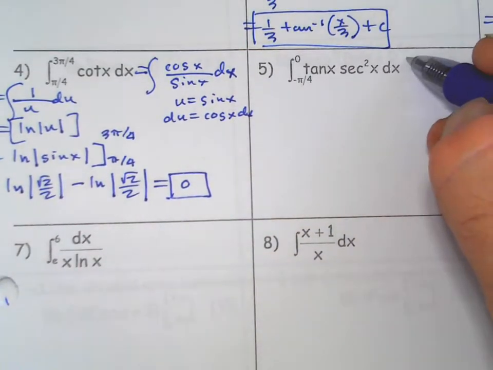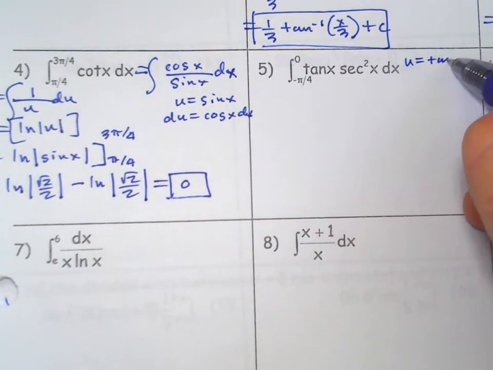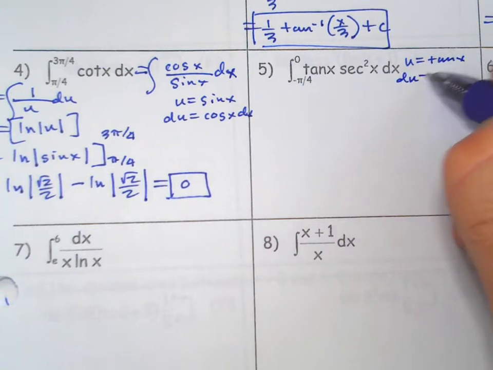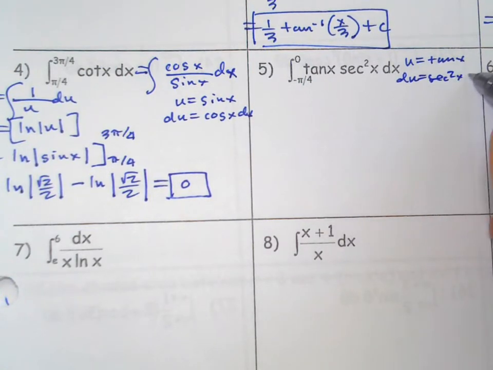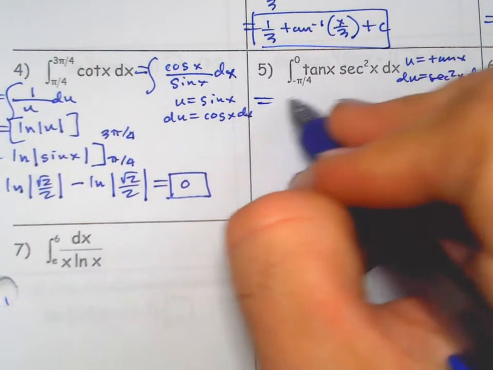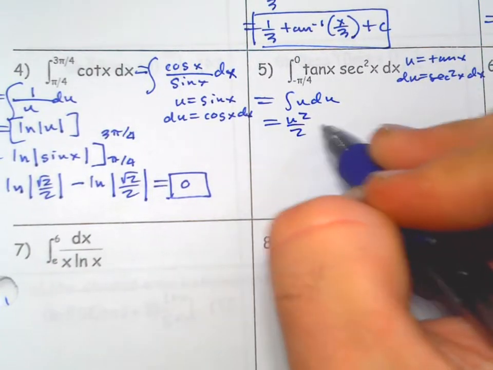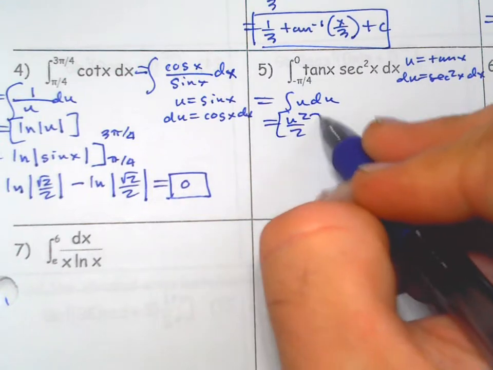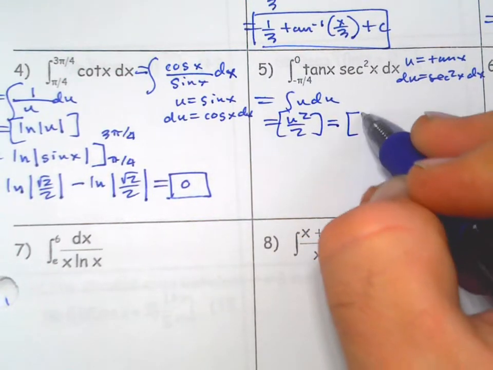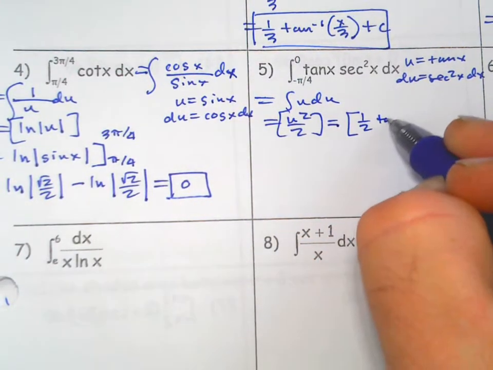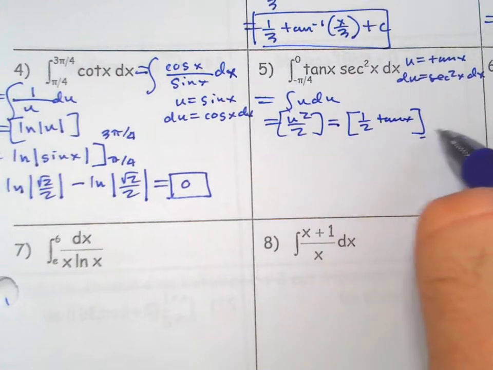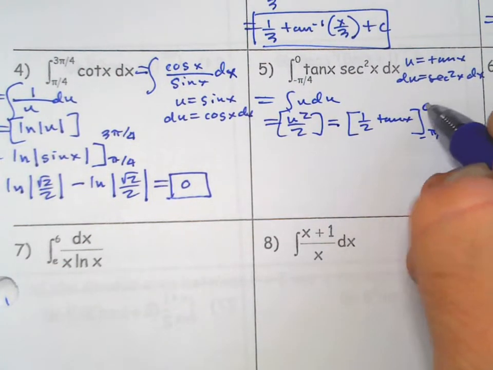Next one, I think we go with u equals tangent, du equals secant squared. Perfect. So this is going to be u du. It's going to be u squared over 2. It's going to be 1/2 tangent from negative pi over 4 to 0.